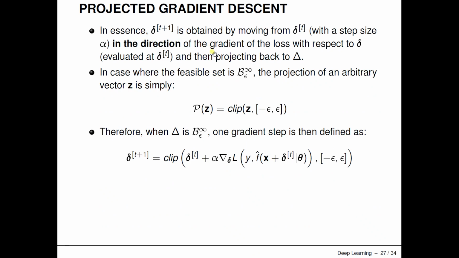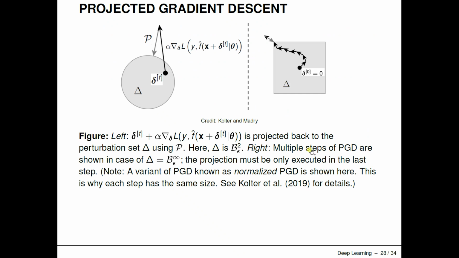We again consider an epsilon ball, then the projection is simply clipping the perturbation value into the interval between minus epsilon and plus epsilon here. This allows us to rewrite the optimization step of PGD using the clipping function instead of projection. So it's the same optimization of the perturbation, and we're clipping it to the needed range.